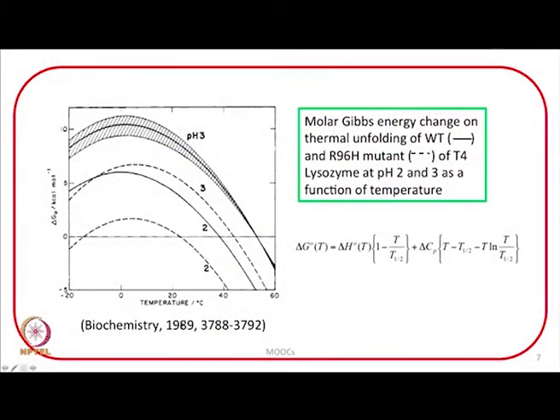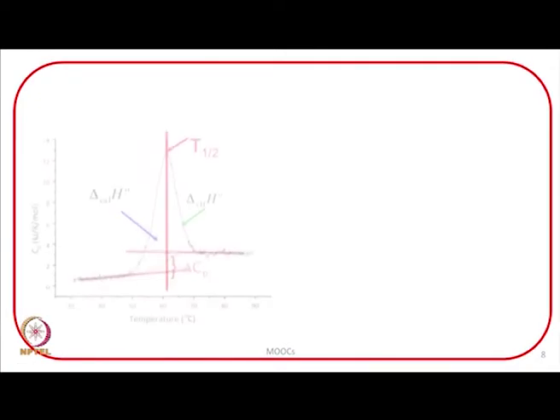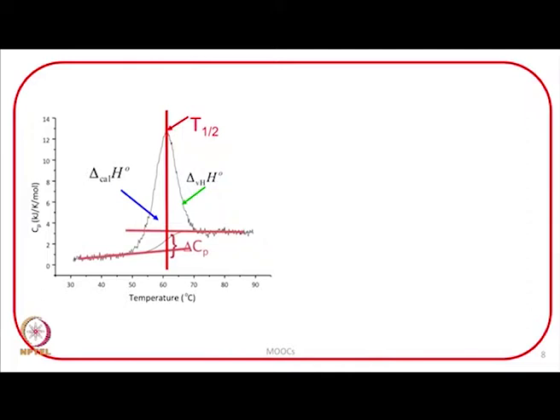So in this way we can not only generate the free energy versus temperature curve, we can also generate the enthalpy and entropy versus temperature curves and draw a lot of conclusions from such plots. Now, let us discuss some more features from the differential scanning calorimetric output.